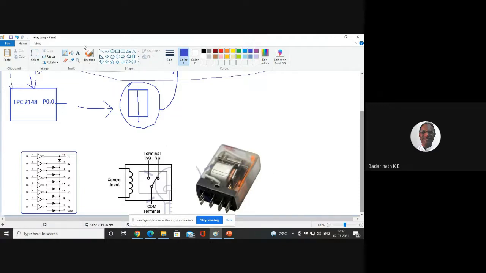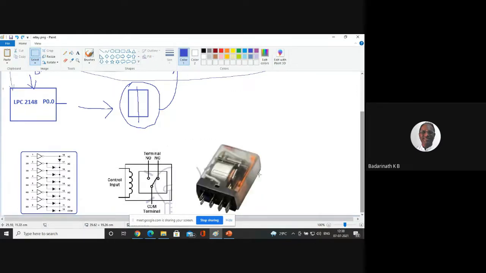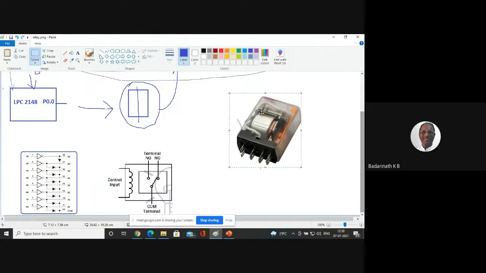Now, look at this diagram for a moment. What will this device do? This device, as you see inside, is represented by a schematic diagram like this one. This is the symbol of the relay. Relays are generally available in two types.